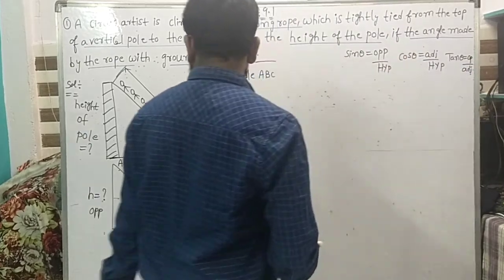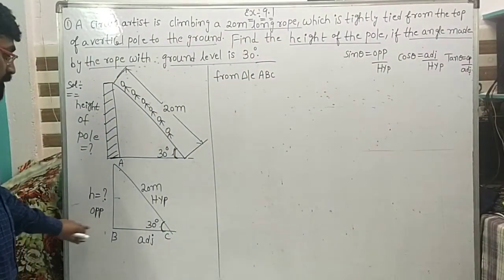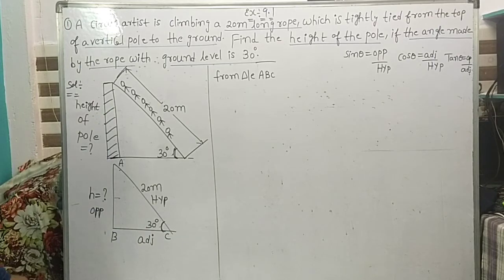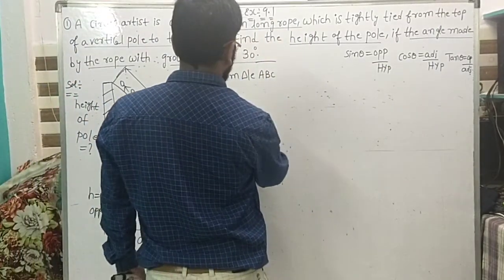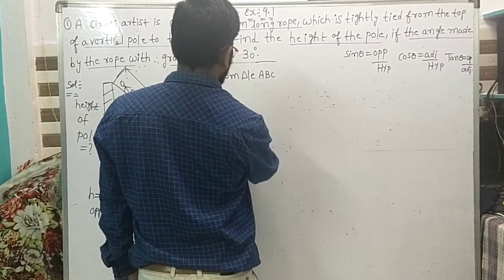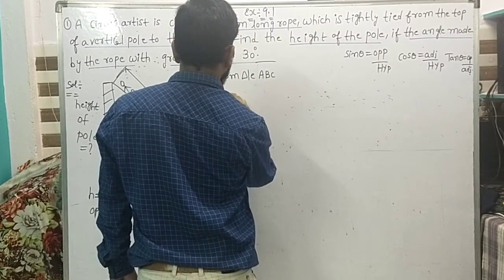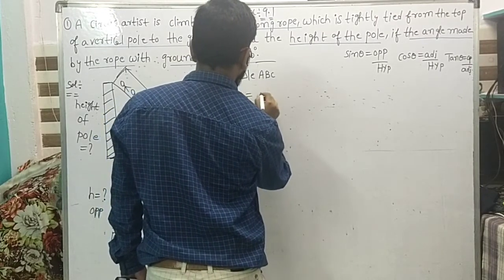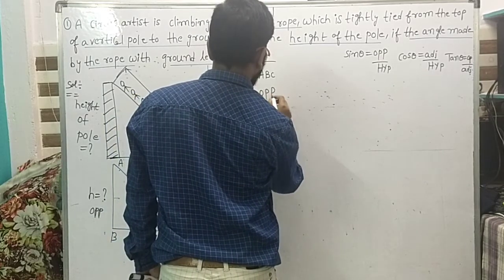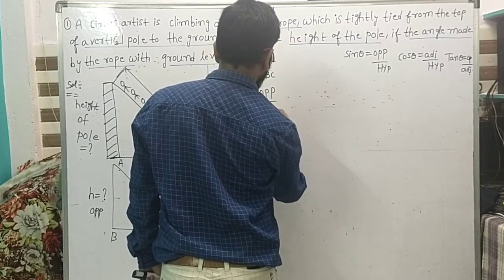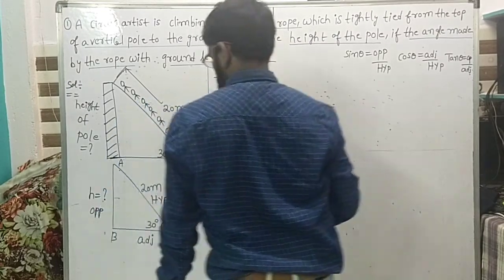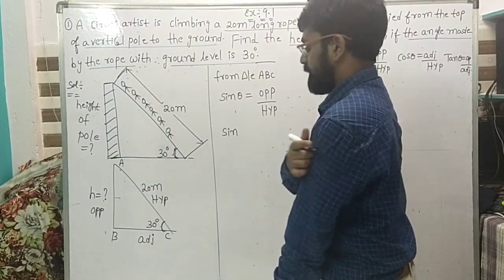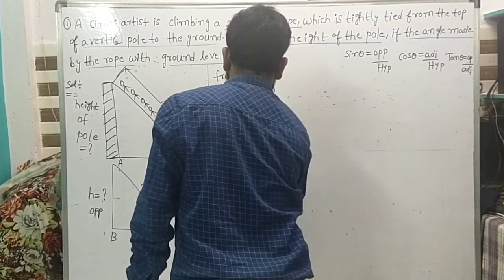We need to find the opposite, given the hypotenuse, so that is sin theta. From triangle ABC, sin theta equals opposite by hypotenuse. Theta is given as 30 degrees.